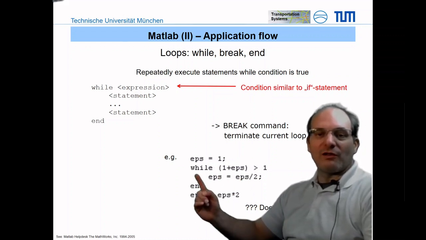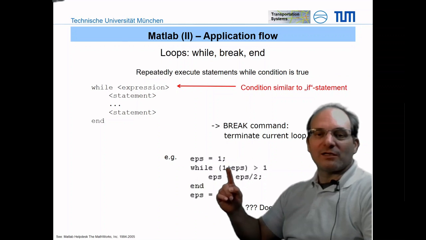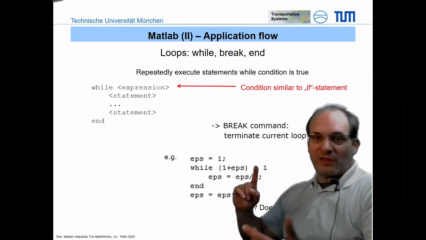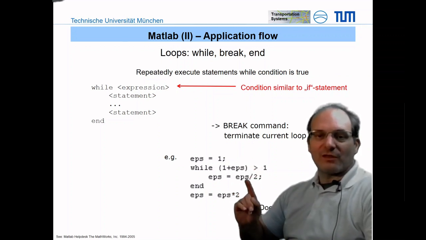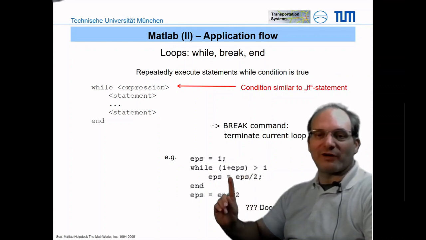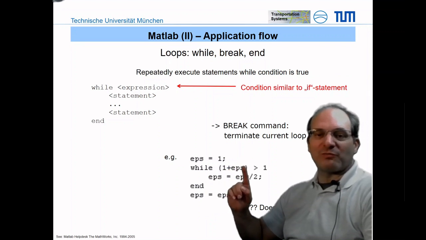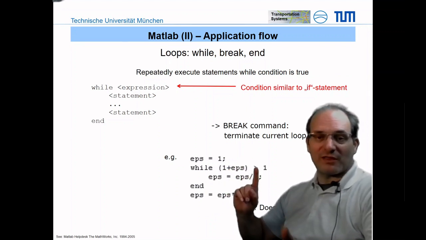So the loop continues with a while. So 1 plus 0.5 is 1.5. Bigger than 1. So it's true. 0.5 is now divided by 2, so 0.25. The loop is operated again. 1 plus 0.25 is bigger than 1.